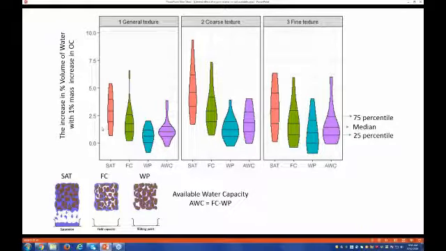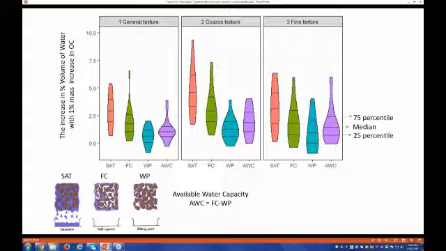And what's also notable is that the actual increase in the percent volume of water is relatively small. On average, for a general texture, that's about 2.5 to 3% volume increase. With every 1% increase in organic carbon, you only get about a 3% increase in water at saturation.